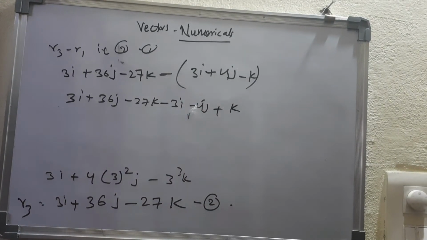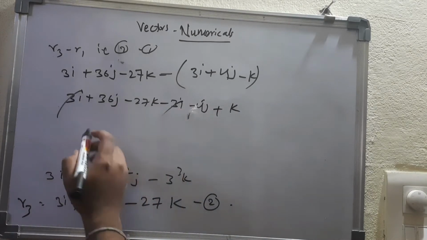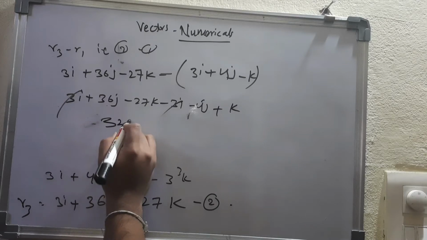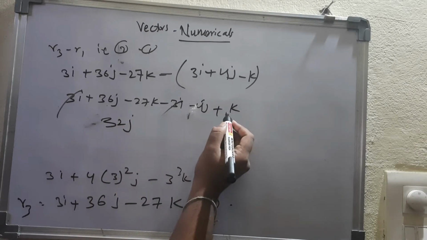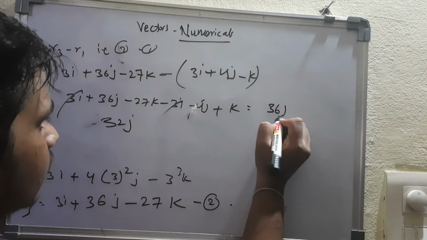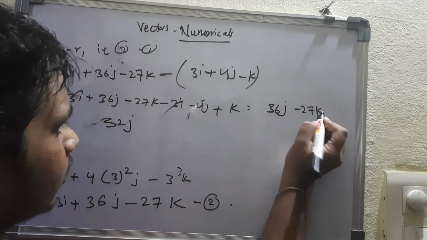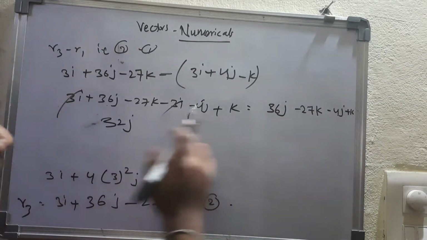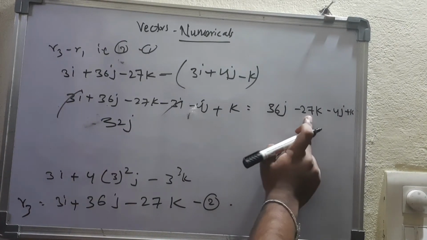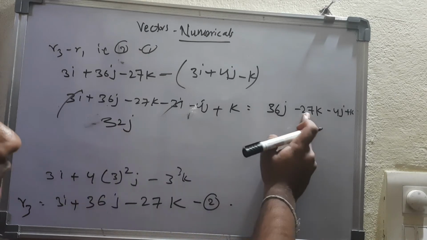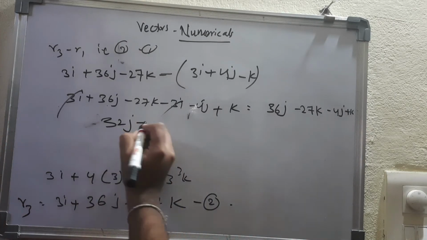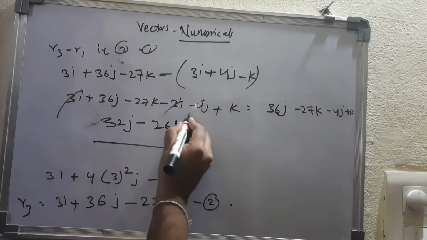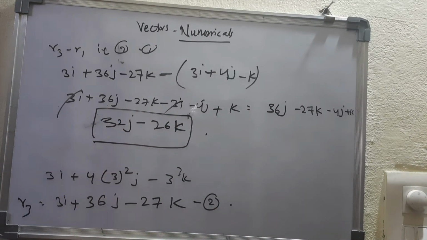Now 3i cancels, 36j minus 4j is 32j, and minus 27k plus k is minus 26k. So this will be the displacement vector.